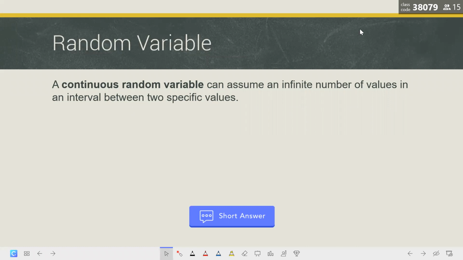So, a continuous random variable can assume an infinite number of values in an interval between two specific values. So, anong pinagsasabi niya? 'Di ba? When we say an infinite number in two specific values, imagine 0 and 1.